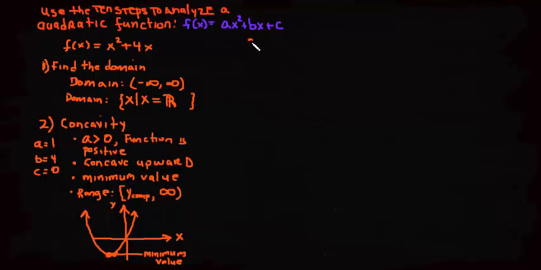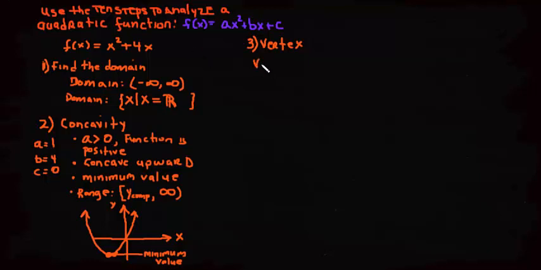Number three, we want to look at finding the vertex. And when we find the vertex, we see from the previous step that A is equal to 1, B is equal to 4, and C is equal to 0. So for the x component, let's write out the formula here.